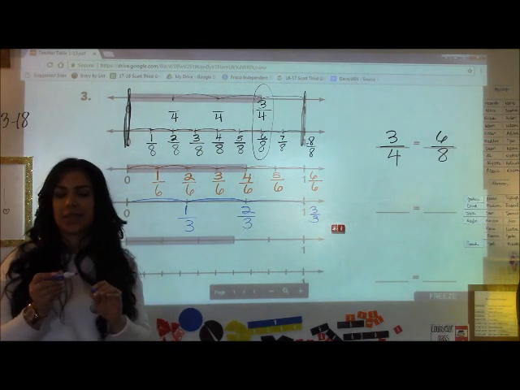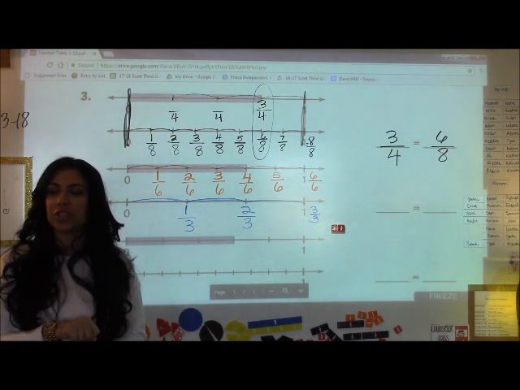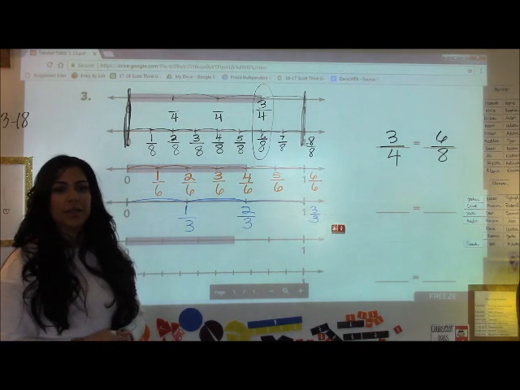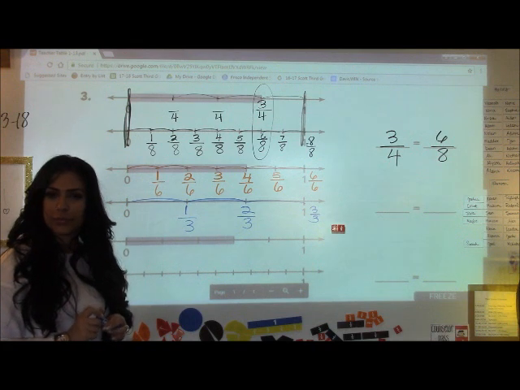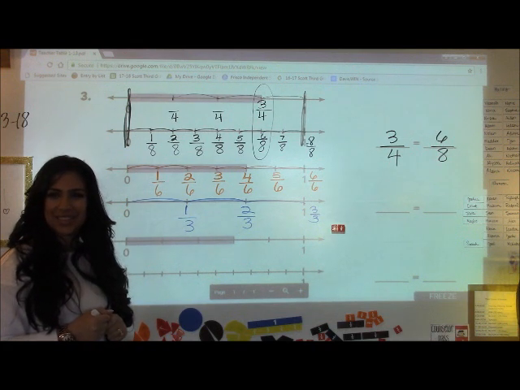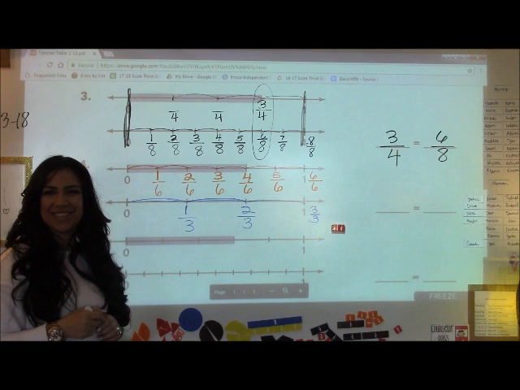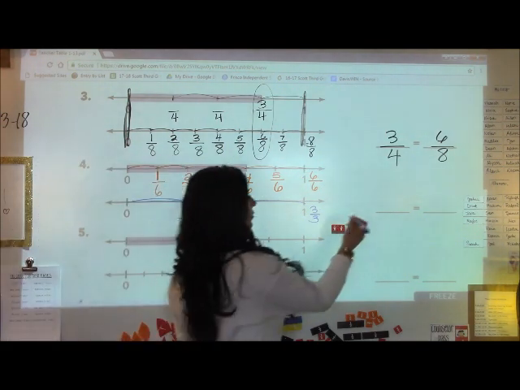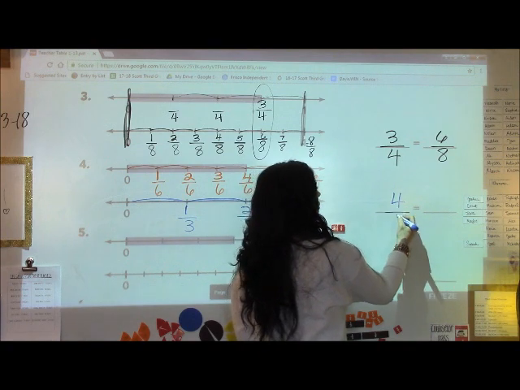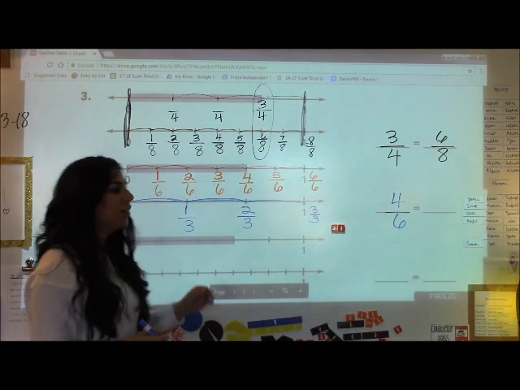I know our I can statement says I can find equivalent fractions on a number line. Let's see. Ashton. 4/6 is equivalent to 2/3. What do y'all think?